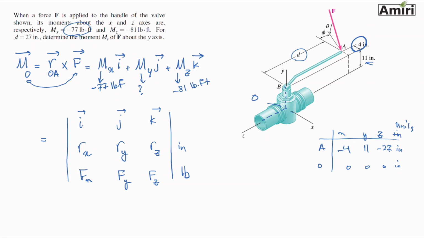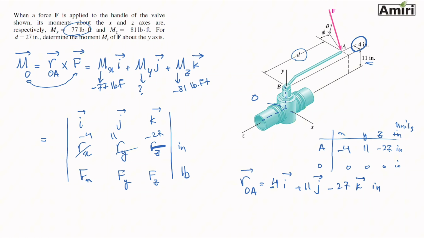So R, the position vector OA, O has to be subtracted from A. So that will result in minus 4i, and then 11 minus 0, 11j, and then minus 27 minus 0, so that will be minus 27k. And these are all inches. So these three will go right here.